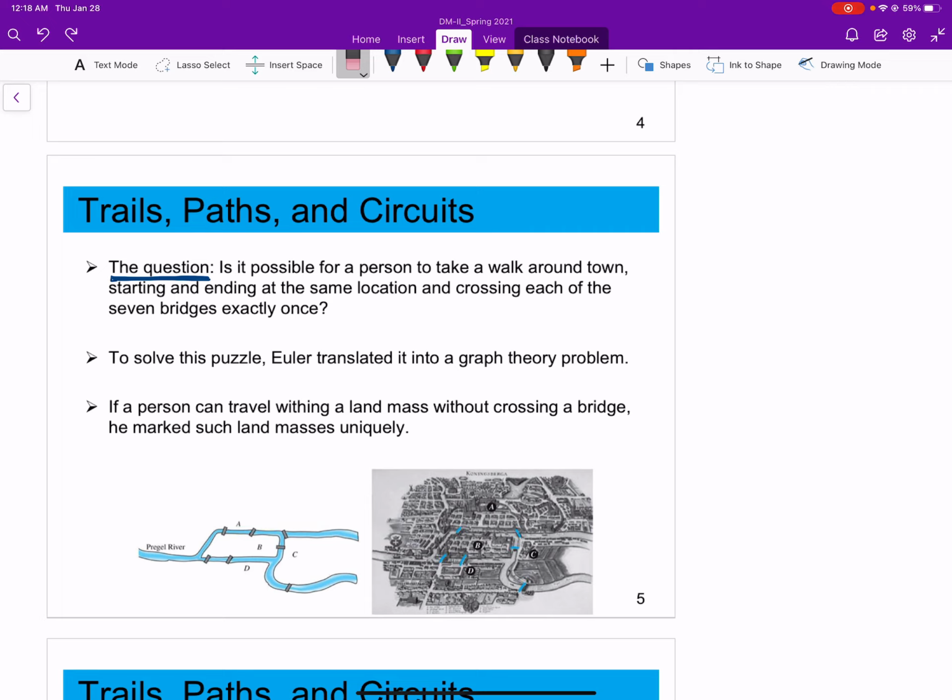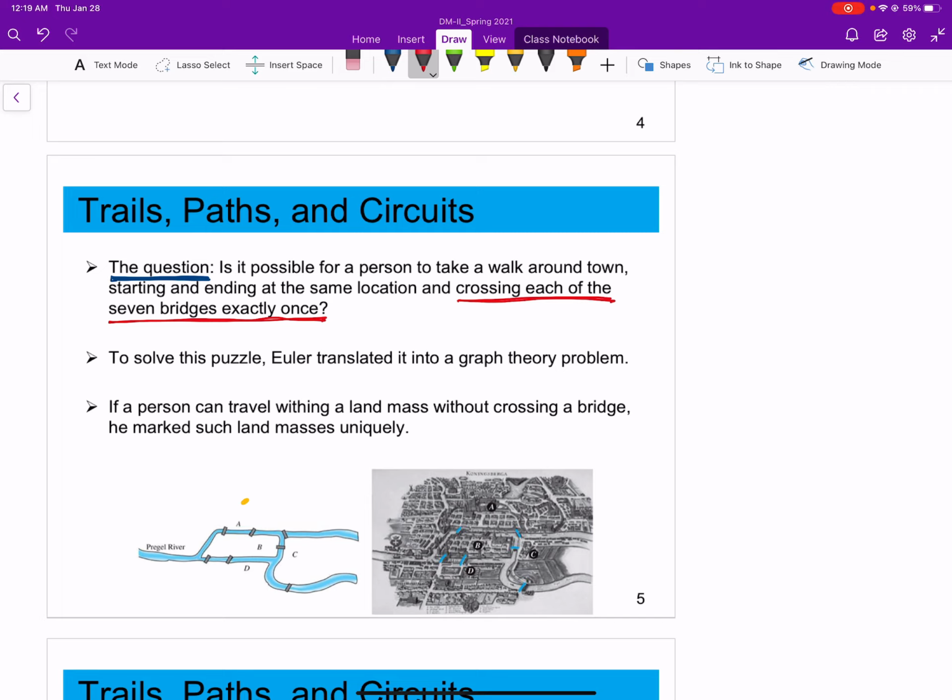So you have to start from one place. Let's say you are starting from here, and then you have to visit all the parts of the city. That means you have to go from A, you have to go to B, C, D, and everywhere, and then come back to A. There's more restrictions. That restriction is crossing each of the 7 bridges exactly once.